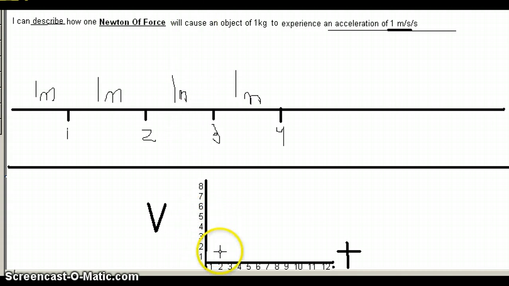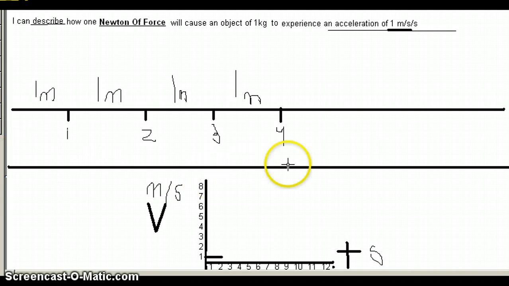So if it's going 1 meter per second for 2 seconds, that's what it would look like if we were explaining the 1 meter per second. But if we were showing the 1 meter per second per second, velocity is meters per second, and our time right now is seconds.